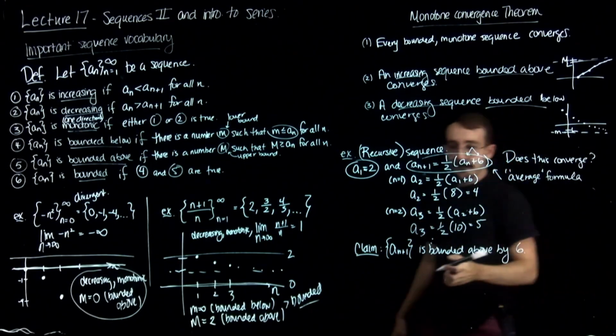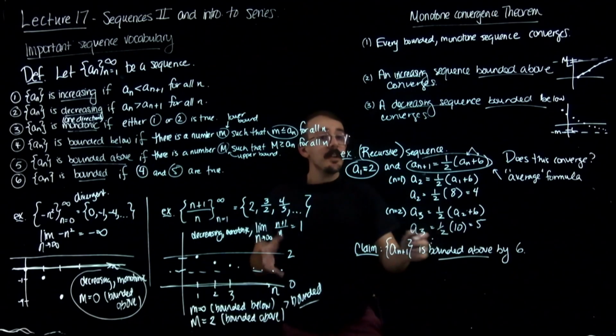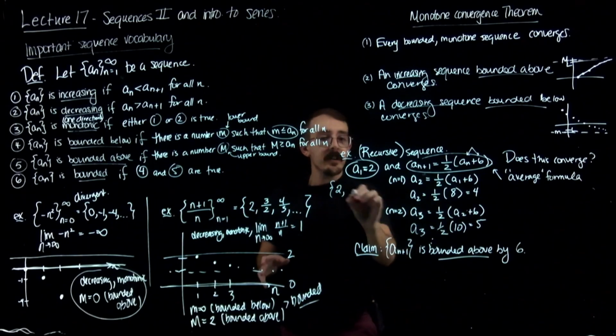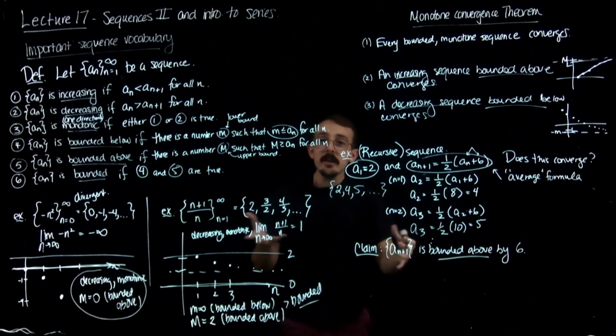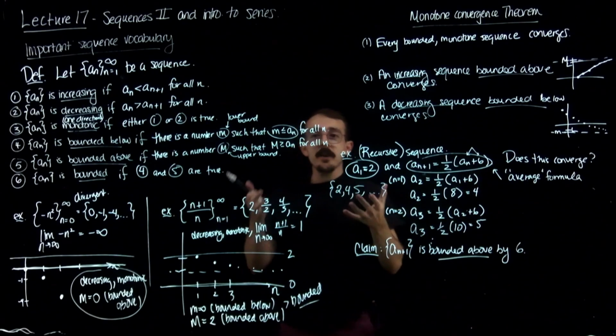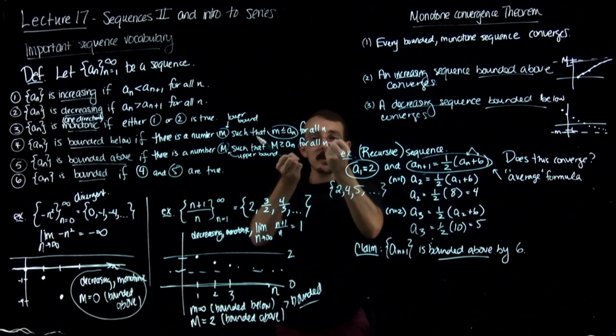I hope that makes sense. So now we're bounded above by 6. However, if you notice our terms, I had 2, then 4, then 5. We're always going to be increasing, because the way averages work is if you take 6 and average it with a number lower than 6, the 6 is going to help bring up the total average.